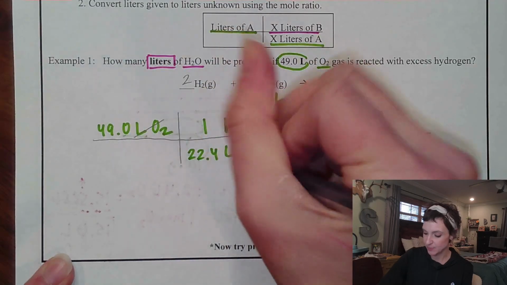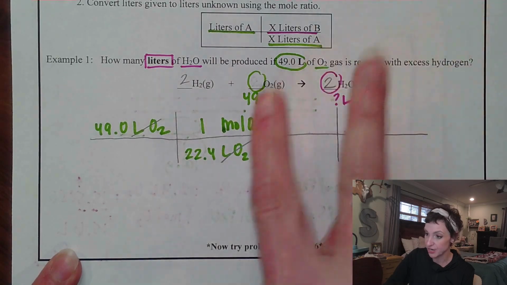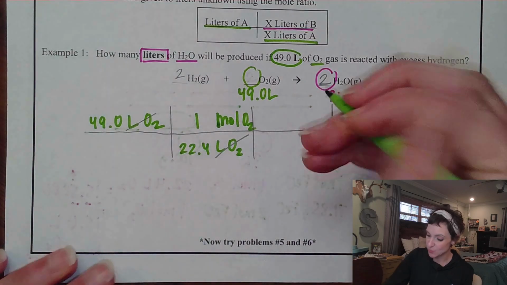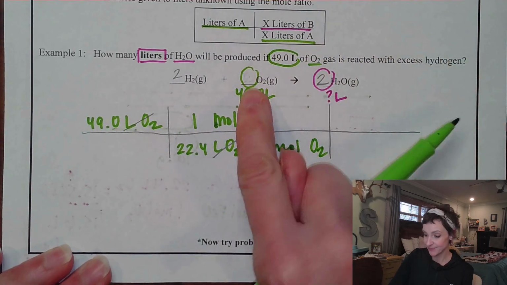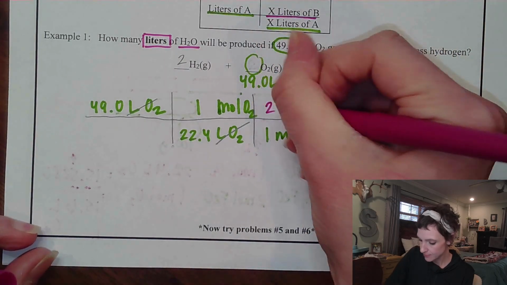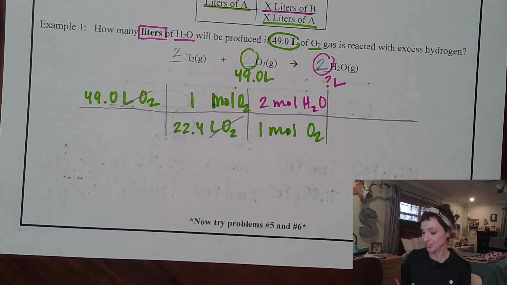So that gets me to moles, which we are very excited about because we are now ready to use the coefficients for the mole ratio between these 2 things, right? So that states that there is 1 mole of oxygen for every 2 moles of water vapor or gaseous water.